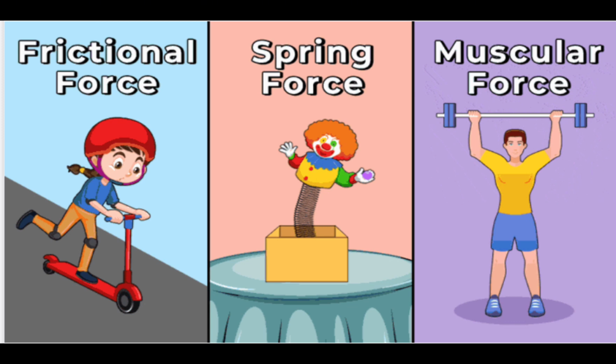For example, from the picture there, a frictional force is, say you're riding your bike. There would be friction between the ground and the tyres, probably stopping it by a large amount. And say you were to hit the brakes, there would also be another friction in the brakes, stopping the bike completely.